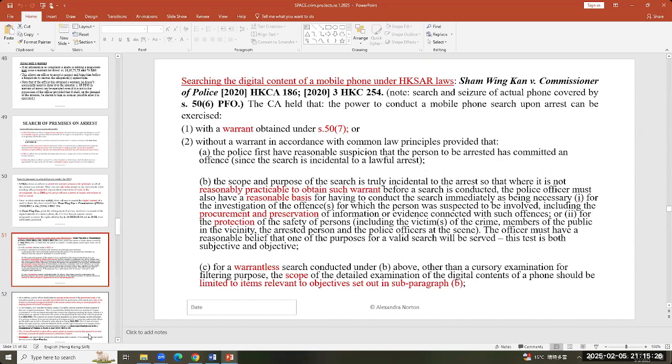Or do they take the phone, take it somewhere else, and then look through it, right? But if there is a challenge, the police officers have to be able to justify what they searched and why. And if they are trying to introduce into evidence extraneous material that is outside the scope of that search, then the likelihood is it will be inadmissible because they haven't complied with these common law principles.